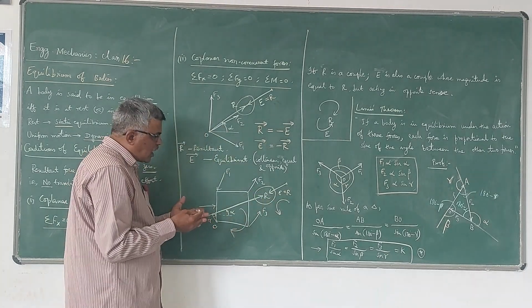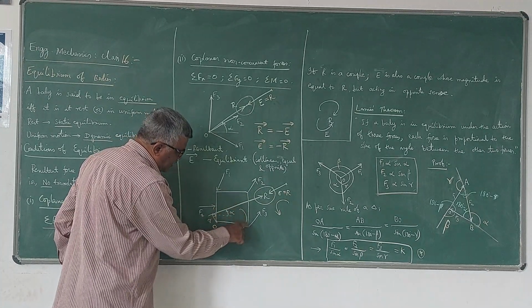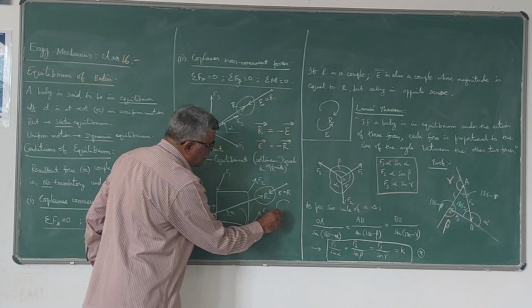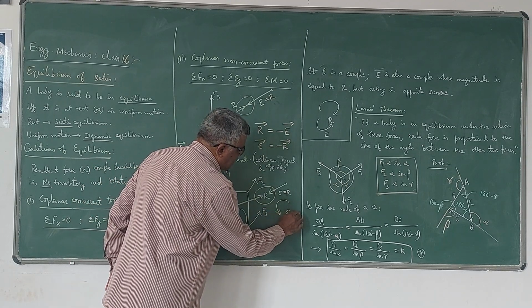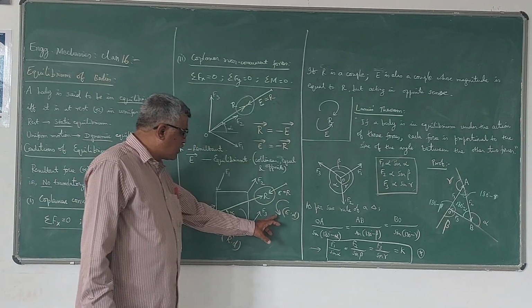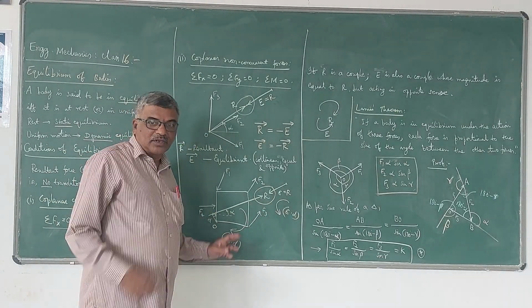But both are equal in magnitude. The moment of this will be R into D, whereas the moment of this will be E into D, or it is R into D only. The only thing is one gives an anti-clockwise moment, the other gives a clockwise moment. So that is very important.